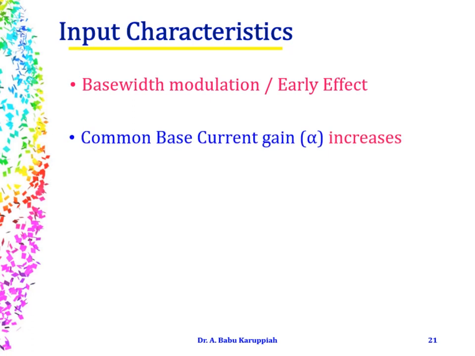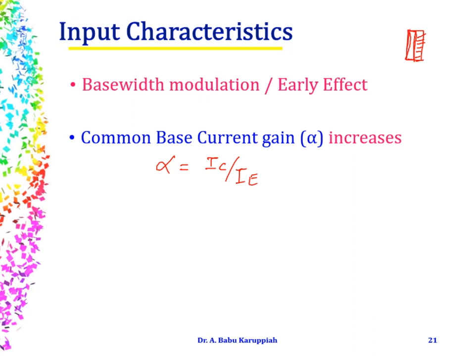And what are the consequences of this base width modulation? The first consequence is that alpha increases, the common base current gain increases. We already know that alpha is equal to IC by IE. The base is normally made thinner, and due to this reverse collector base voltage, the depletion layer extends deeper inside the base and the effective width of the base is reduced.